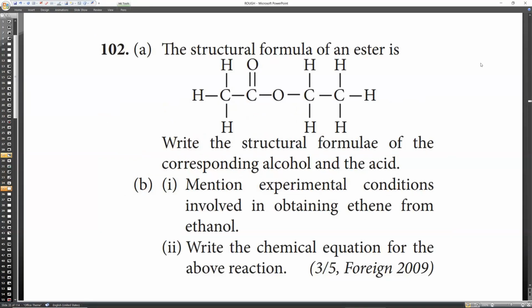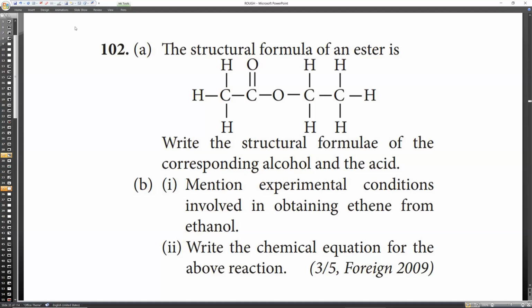Can you tell me how this question will be solved? The structural formula of an ester is given to you. Write the structural formula of the corresponding alcohol and carboxylic acid, and mention the experimental condition involved in obtaining ethene from ethanol.